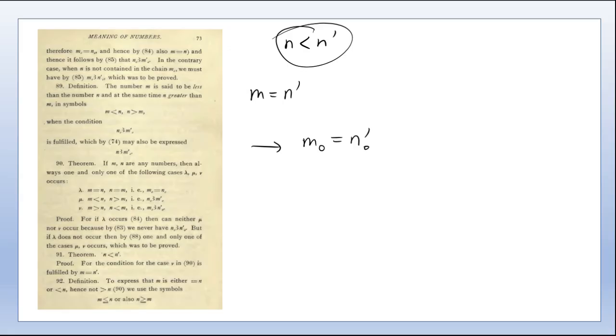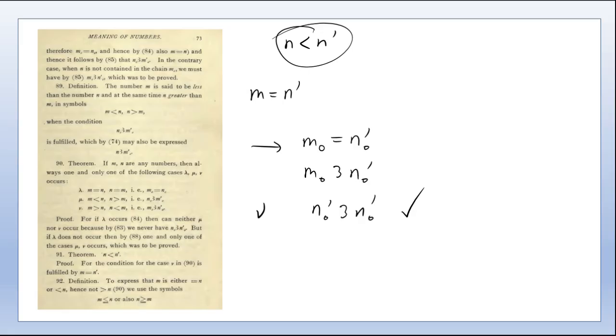Okay, but remember, m is equal to n primed. So in particular, we've got that m naught is a part of n naught primed. And because m is equal to n primed, then we get that n naught primed is a part of n naught primed, which is true. So the condition for nu is satisfied.